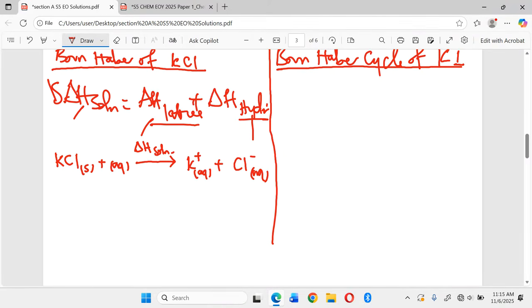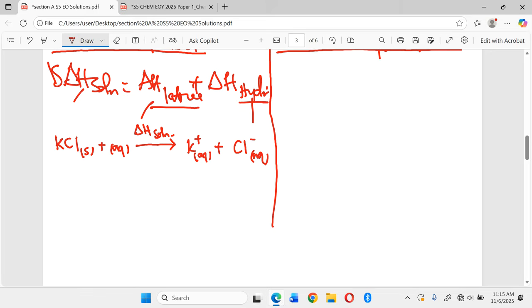Now, you recall in the question, they have already given us the hydration energy, and we have already calculated the lattice energy. But the question is, what is hydration energy and what is lattice energy?